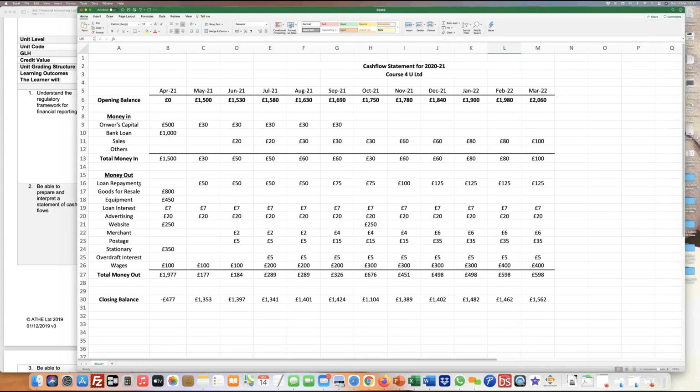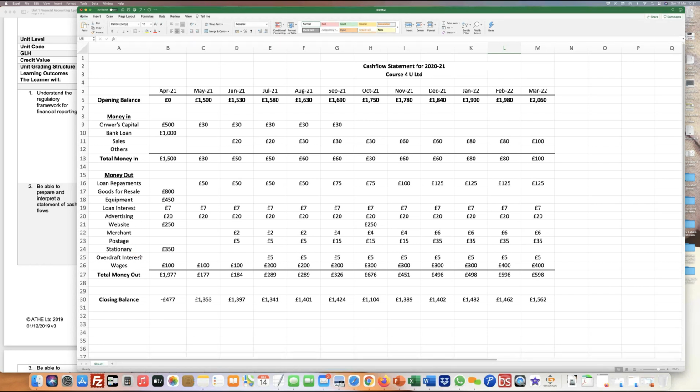Money going out could be things like loan repayments, goods for resale, which is the inventory which the company ends up buying when it starts the business. You look at any sort of equipment which the company has bought, any loan repayments if the company has taken out a bank loan and it has to make these recurring payments, money it is spending on advertising, anything on the website, any merchant services costs.